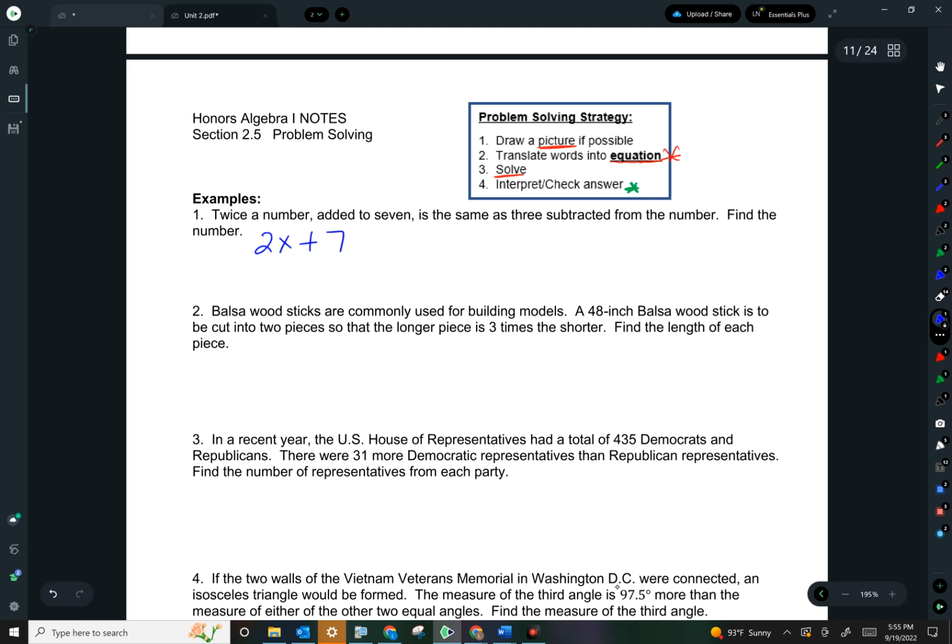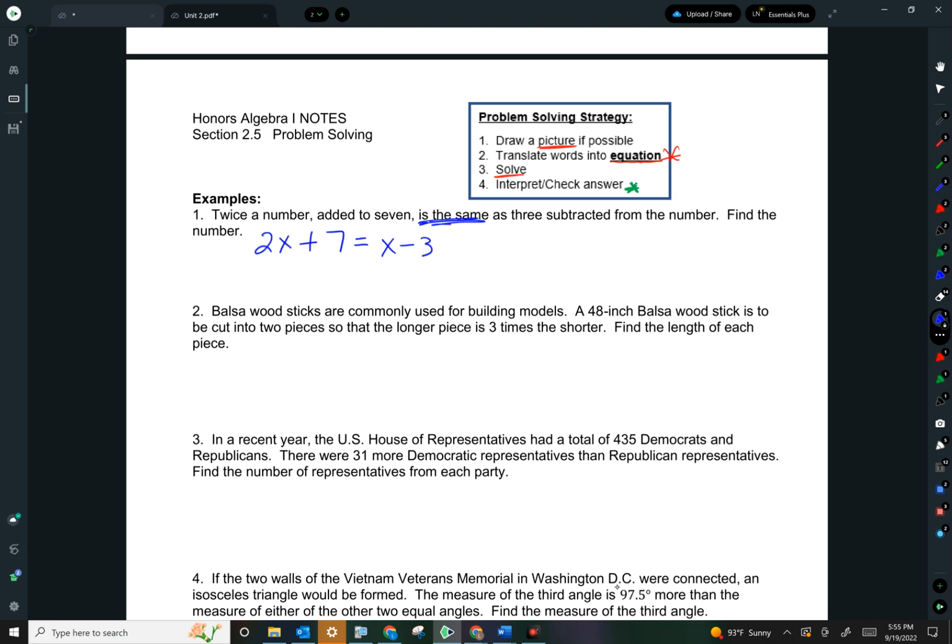Added to 7 is, what does the word is mean? Equals. The word is is the same as equals. So is the same as 3 subtracted from the number. So how do I write 3 subtracted from the number? Wouldn't that be x minus 3? Because that's how you show 3 subtracted.